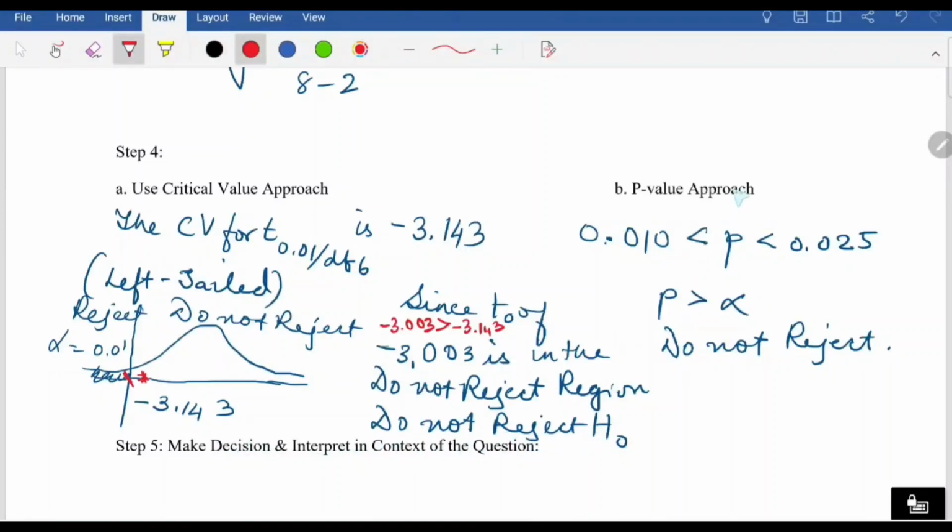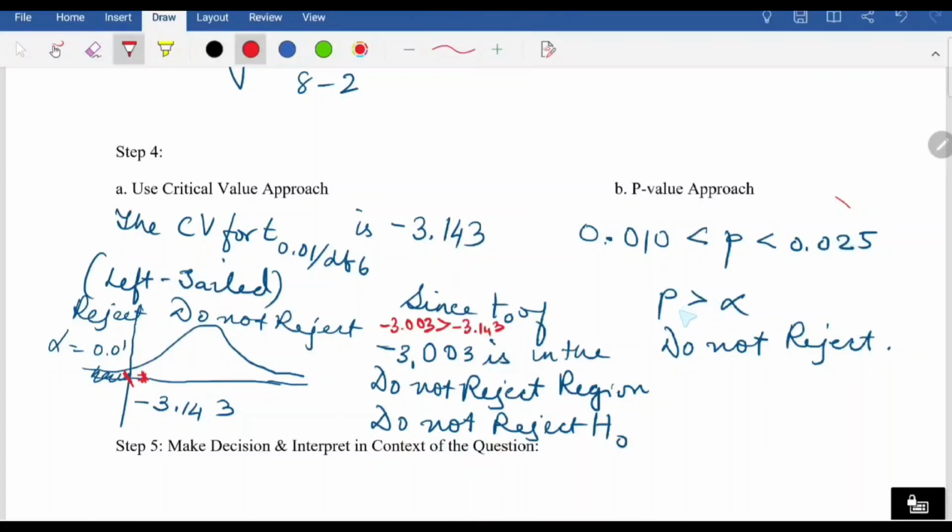All right. Now, if you're using the p-value approach, if you're using a graphing calculator, you should get the exact p-value. If you're using the table, it'll be an estimated value, and I used the table here, and the p-value was a value between 0.010 and 0.025.